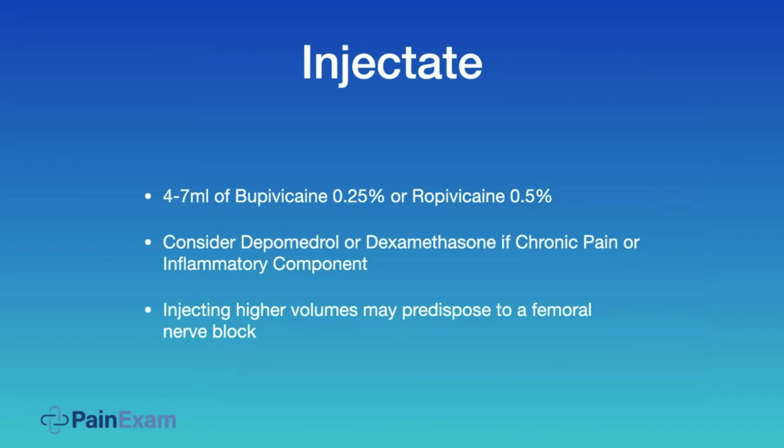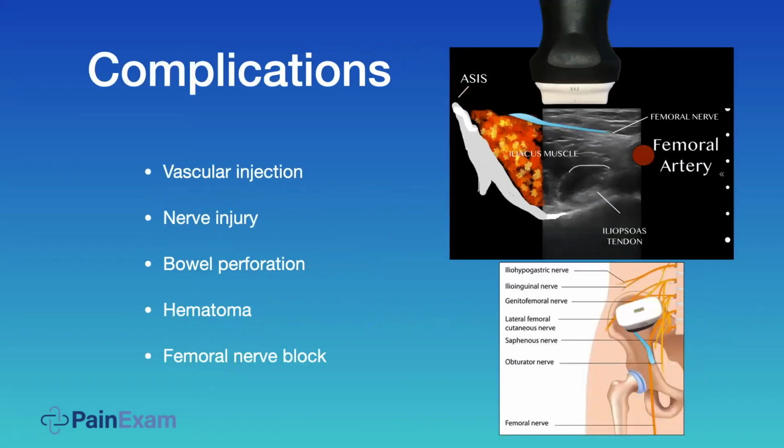I use 4 to 7 mLs of 1/4% bupivacaine with or without a steroid. If you inject much higher volumes, you can get a femoral nerve block. And the reason for that is I drew this picture hoping that it would get the point across.